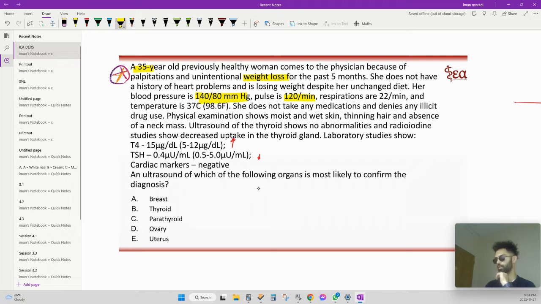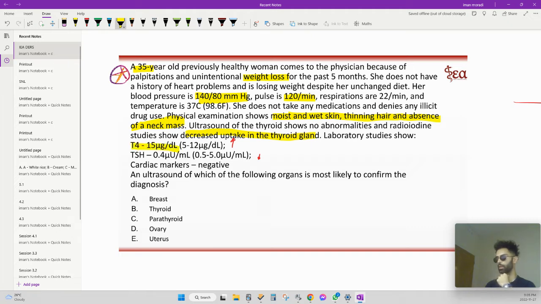Doesn't use any drugs. There's moist skin, thinning hair, and absence of a neck mass. Ultrasound of the thyroid shows no abnormalities, and radioiodine studies show decreased uptake of the thyroid gland. Right. So it's making me raise my eyebrows a little.